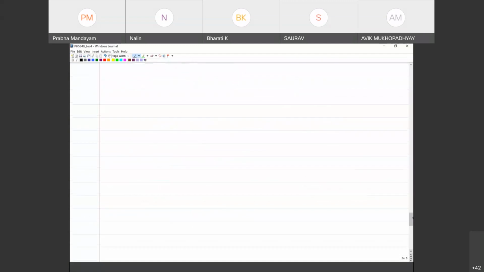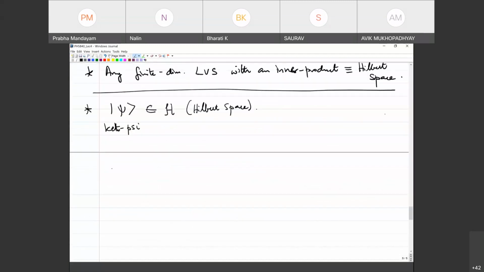So what is the idea of a unit vector? A unit vector is a vector with unit norm, right? And what this means is if I take a quantum state and evaluate its norm, then I'm constrained that the norm of this state must be 1, right?